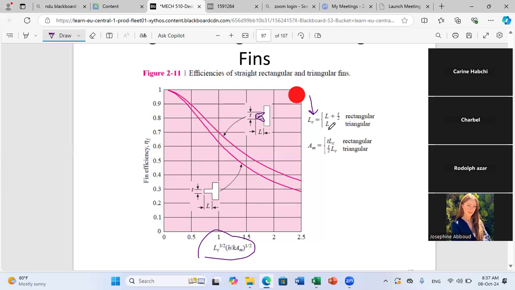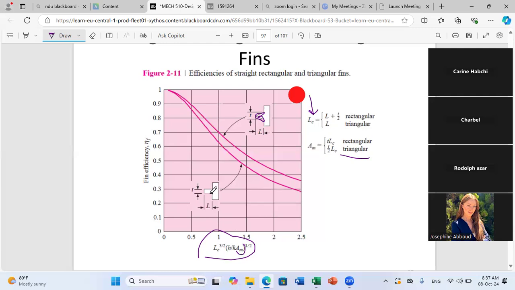Considering the parameter A_m, they are giving you what A_m is. A_m for a rectangular fin is T times the corrected length, while for a triangular fin, it's T over 2 times the corrected length. So it's just this area.